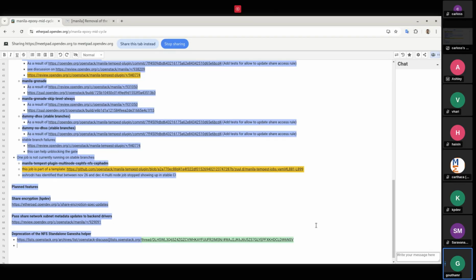The next steps for this would be, if we don't do this cycle, we can't do it the next cycle. We can only do it in the G cycle, and that might be quite some time now. There is a thing we could do, which is that the CI is best effort from this team.